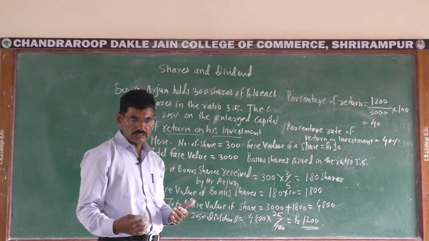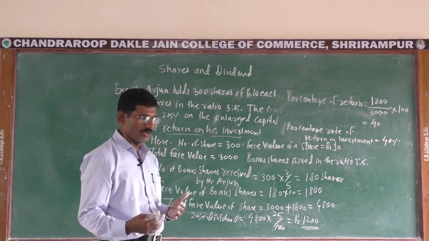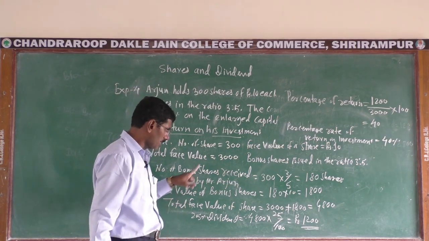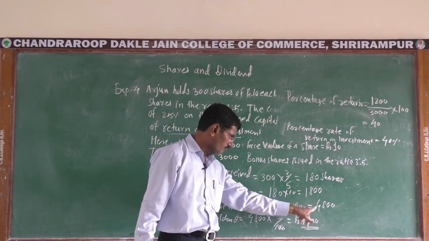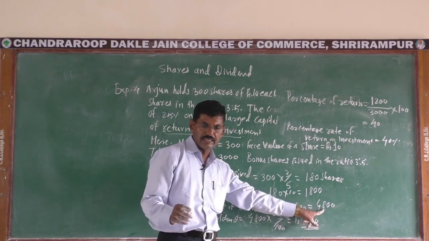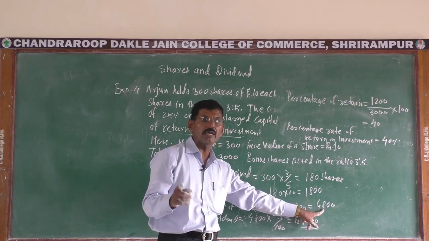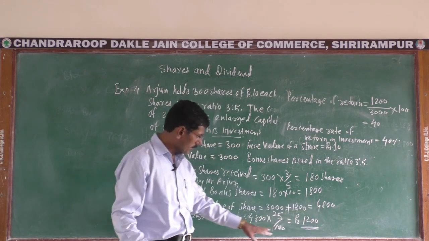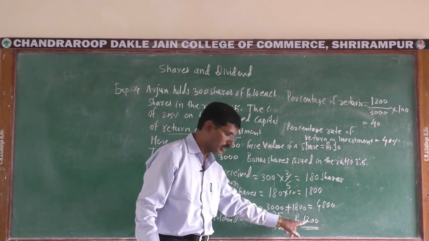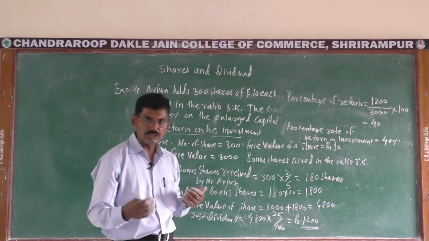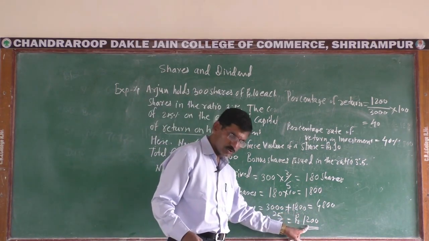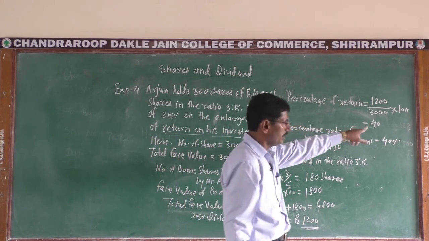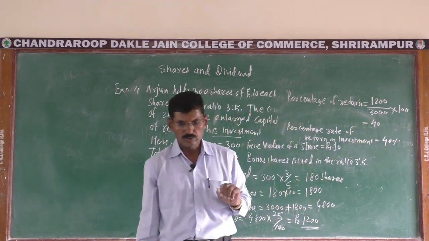He received bonus shares of 180, the face value of bonus shares 1800, the total face value of shares, that is 3000 plus 1800, 4800, and he received 25% dividend on enlarged capital, that is 25% on 4800, that is 1200. It means Arjun received rupees 1200 and he invests rupees 3000. Therefore, the rate of return is 40% per annum. Okay. Thank you.